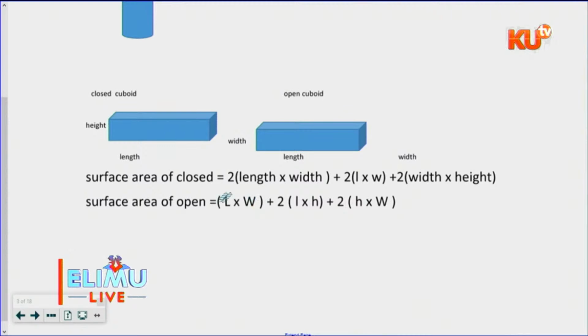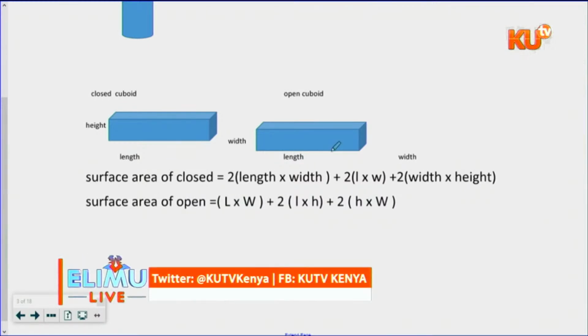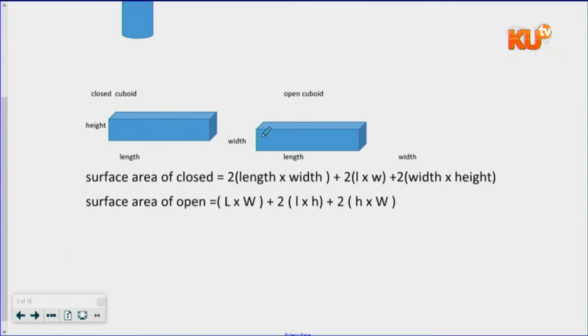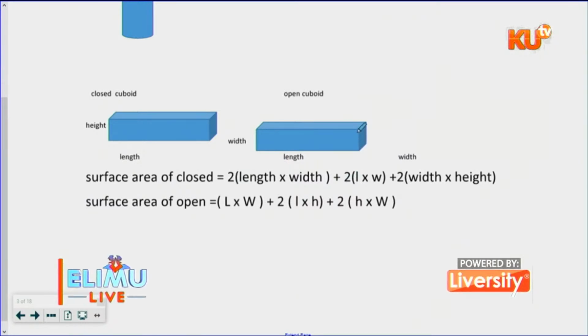It will simply be length times width, because it is only the bottom part that is there. So we'll simply say length times width. Right, we come to the next face, which is length times height.